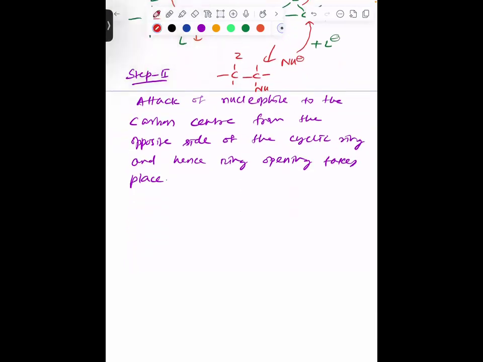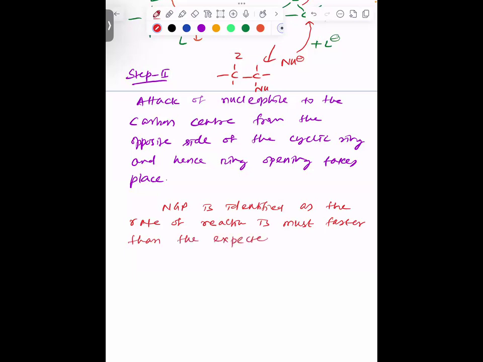Okay, so last, NGP is identified as the rate of reaction is much faster than the expected rate.